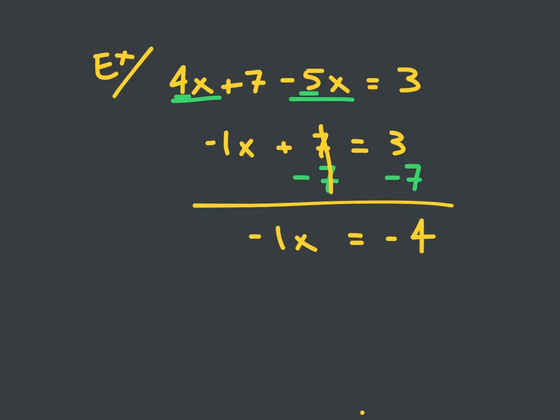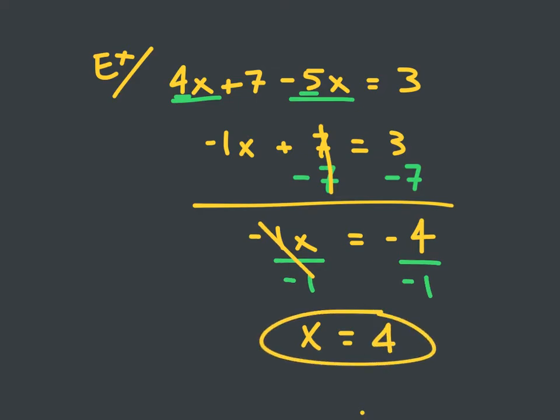Now, if I'm multiplying by negative 1, I want to move this number to the other side. I'm going to divide both sides by negative 1. Negative 1 divided by negative 1 divides out to 1. We can just drop down the x, and now you've got negative 4 divided by negative 1, which is going to be positive 4.